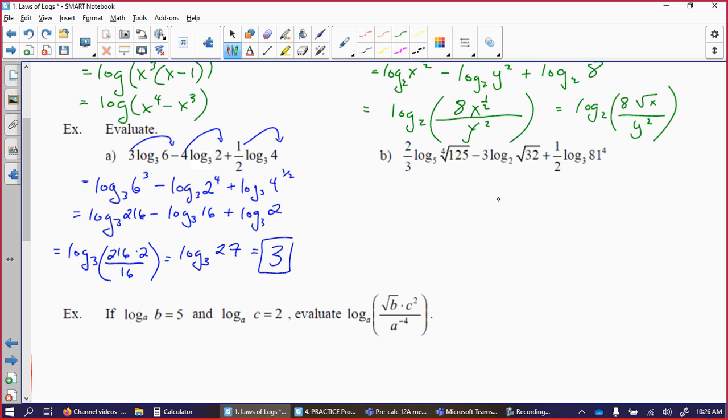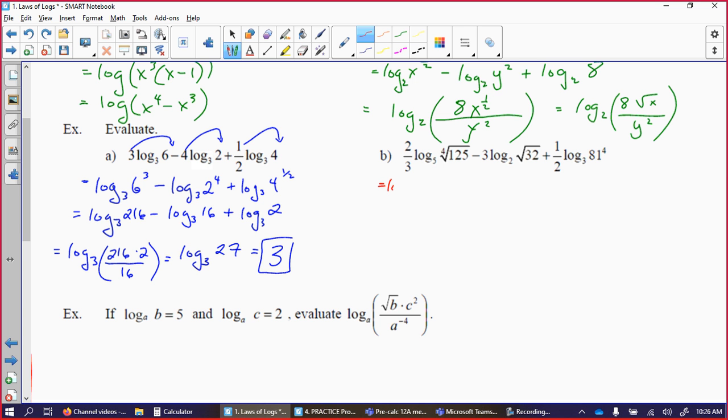This one looks bananas. It's log base 5, log base 2, log base 3. Interesting. Isn't this going to be fun?